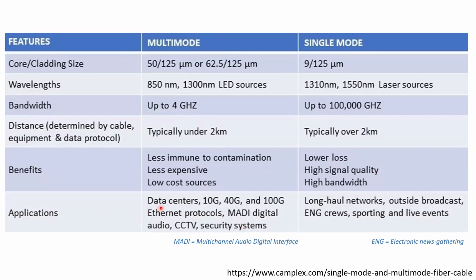Applications, well, for the multimode, data centers with 10 gig, 40 gig, 100 gig speed, Ethernet protocols, and so on. Here, multi-channel audio digital interface, which would be that fiber optic cord that is included in your stereo, somewhere in the bag that contains the manual. So between the communications closets and short distance applications such as less than a kilometer within the building.